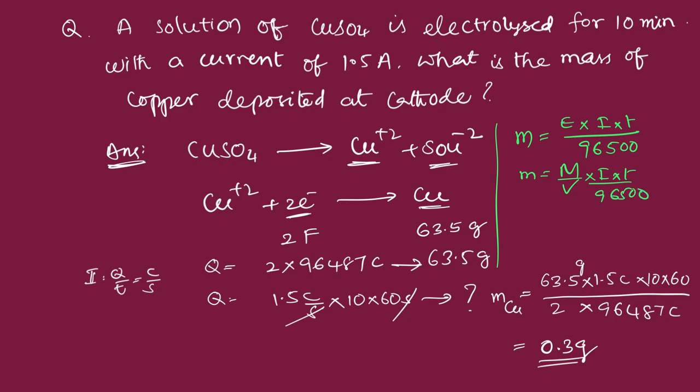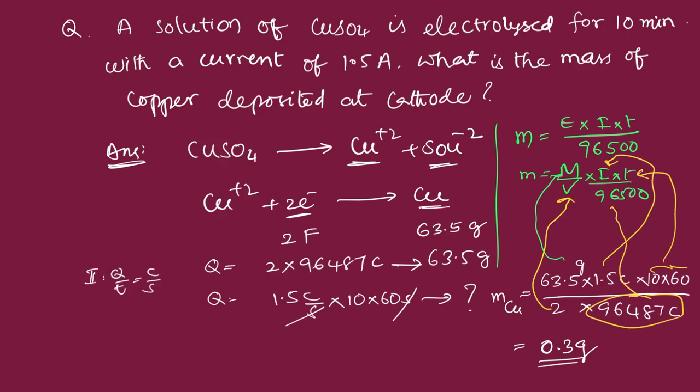Use this formula directly, because in this one, this is the mass, this is called the valency, this is I, this is time, and this is the rounded value 96,500. Like this we can calculate.